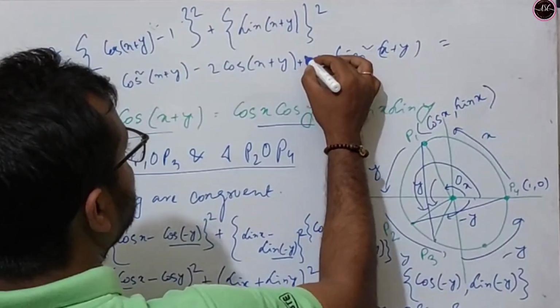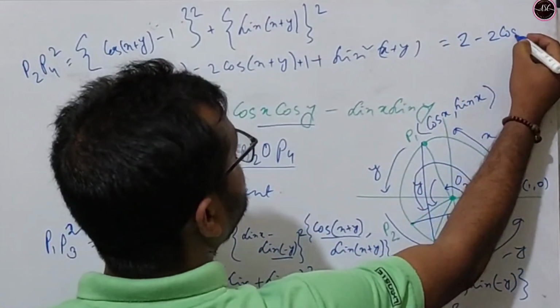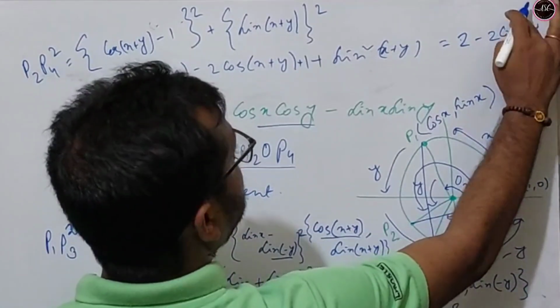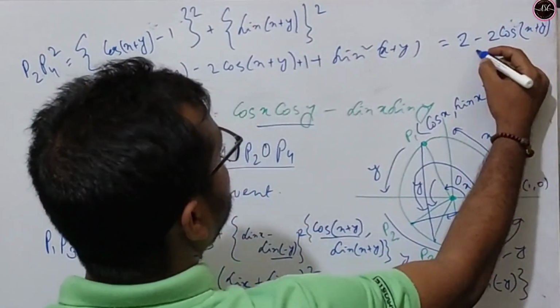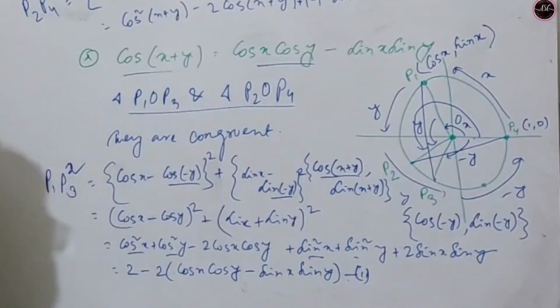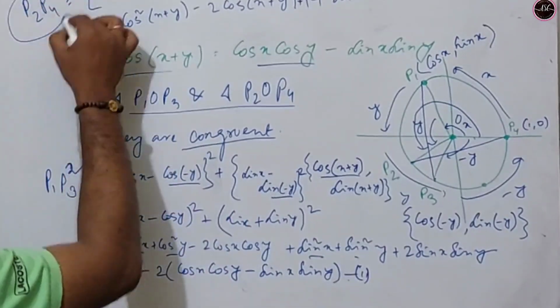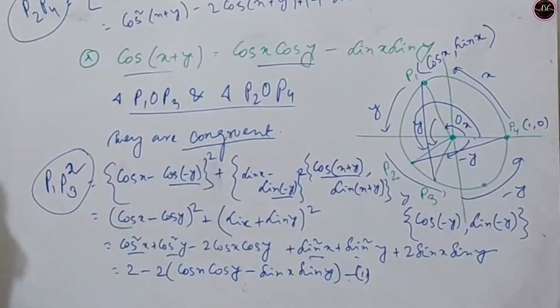This will be 1 plus 1, that means 2 minus 2 cos of x plus y. Okay, this is 2 and the earlier one is 1. Now as the triangles are congruent, we can write P2 P4 square equal to P1 P3 square.